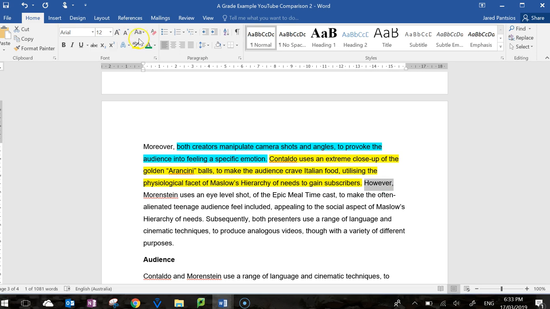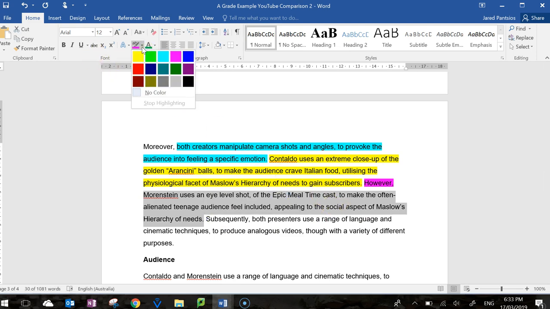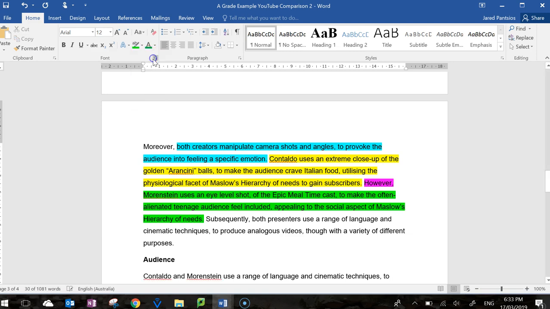But we still have however, so we know that there's going to be another comparison. Morrison used an eye-level shot of Epic Mealtime cast to make the often alienated teenage audience feel included, appealing to the social aspect of Maslow's hierarchy of needs. Better, because it's about the social aspect, but I would actually say probably try and define this a little bit more in terms of what do they mean by alienated teenage audience.